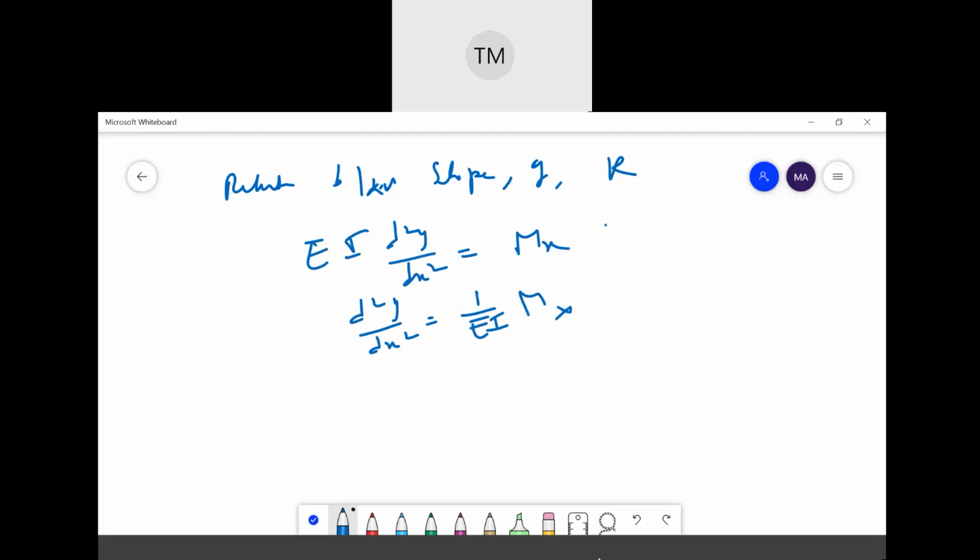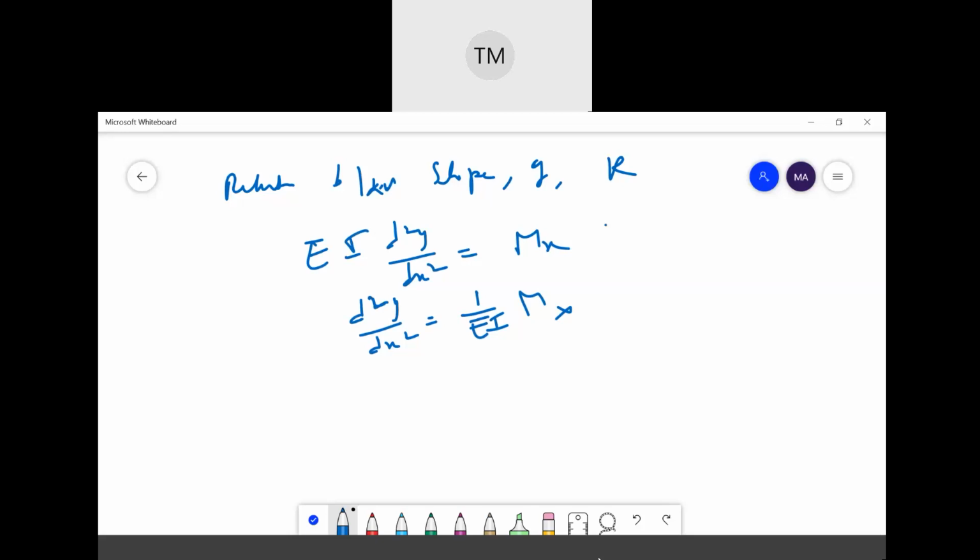This is the equation of a deflection curve, or it can be written as a relation between slope, deflection and radius of curvature.